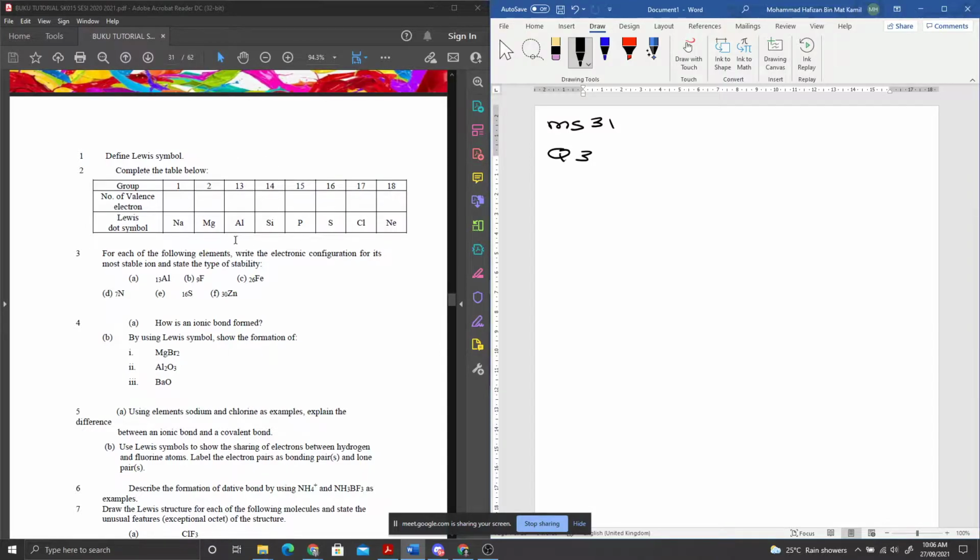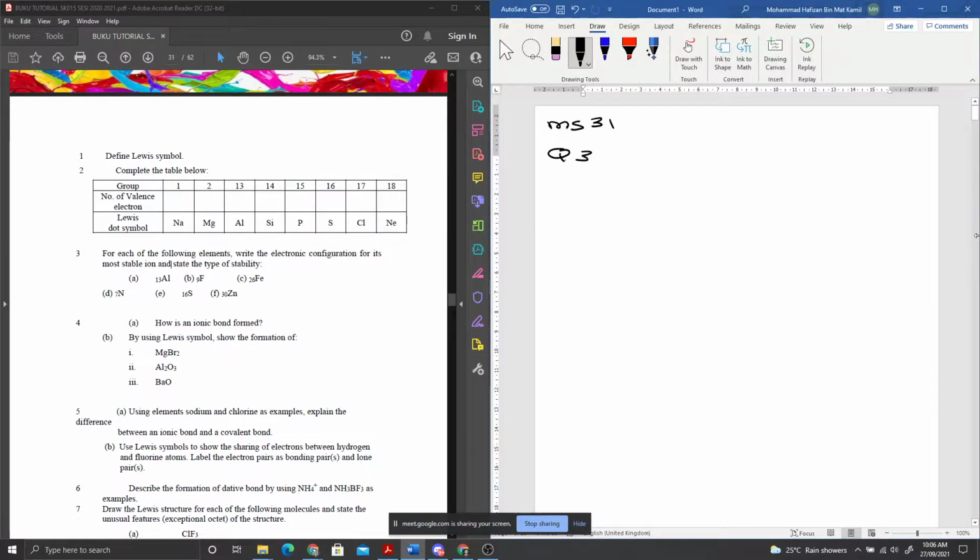So one example is you akan highlight the first, disuruh write the electronic configuration for its most stable ion and then state the type of stability. Usually this kind of question is 3 marks. Because contoh lah, saya takkan bincang semua, saya bincang maybe A.